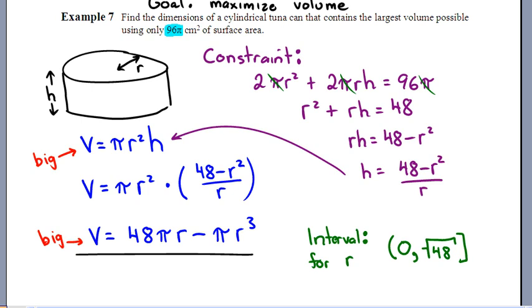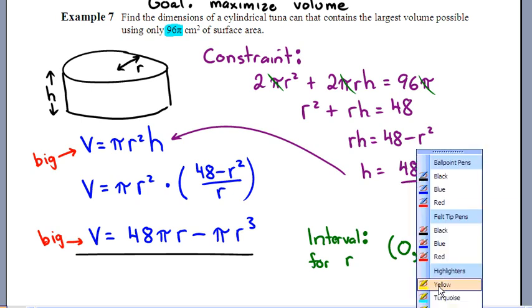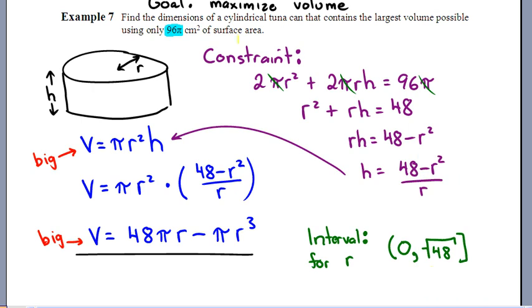Well, that would be if you make the r as big as you can, and you use, I'm going to mess my picture up here a little bit, all of your surface area of material, of metal, to just make these two circles, the one for the top and the one for the bottom. So that would be putting 48 pi centimeters squared into each one.